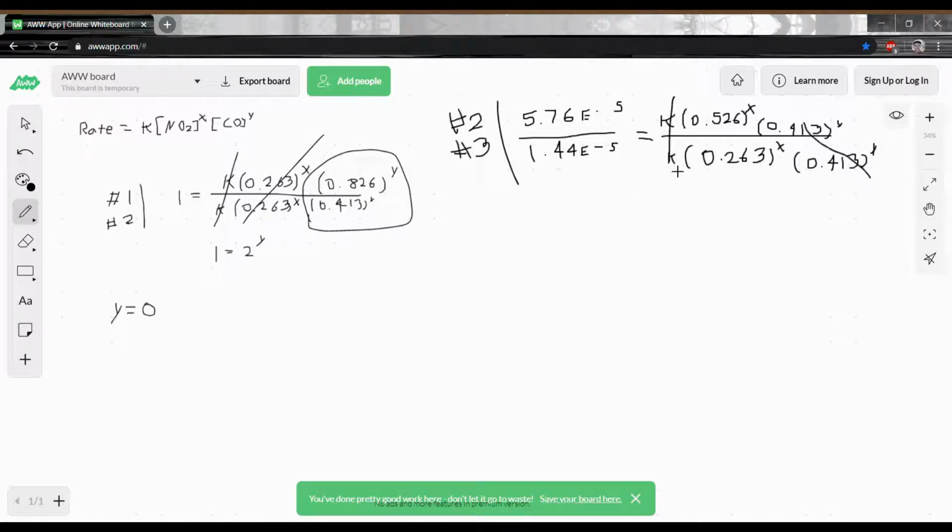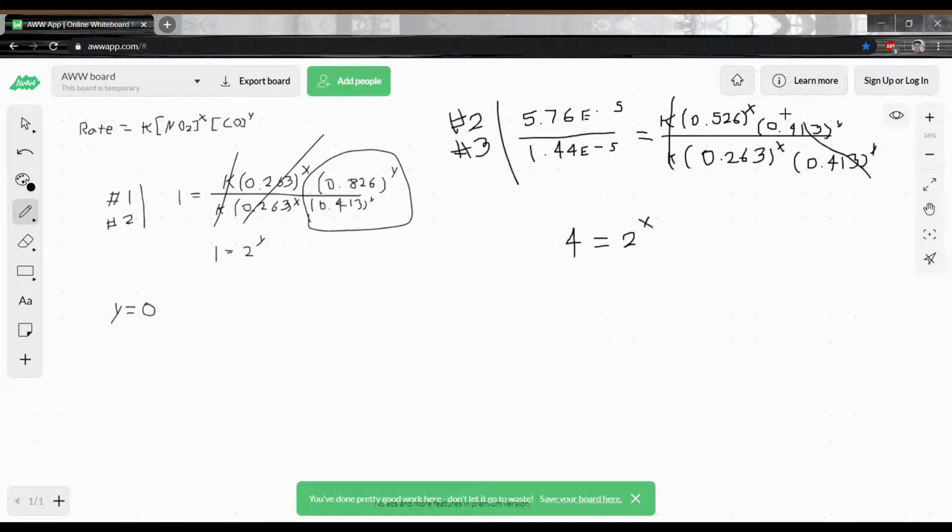These cancel out, these cancel out. This quantity divided by this quantity is going to equal 4, and that's going to give us this quantity divided by this quantity is going to equal 2.